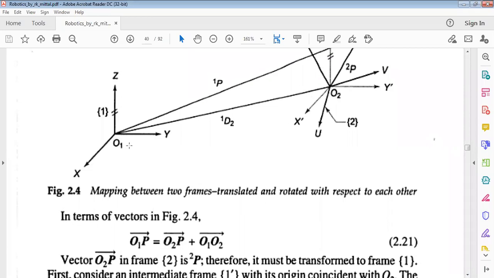One is O1O2, second is O2P, and third is O1P. According to the law of triangle, O1P is equal to O2P plus O1O2.